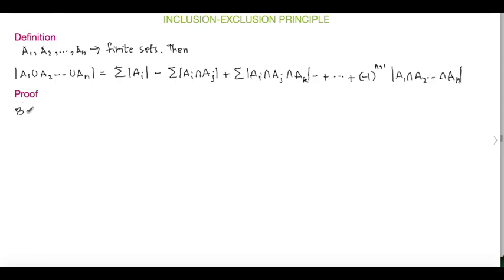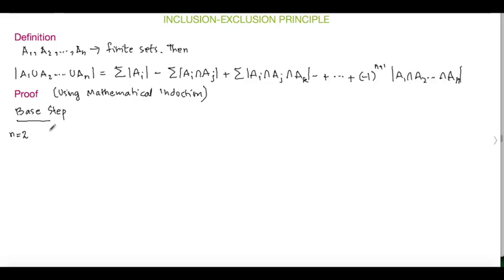So we'll say base step. This proof is using mathematical induction. Okay, so this is the base step. For the base step we have n equal to 2.